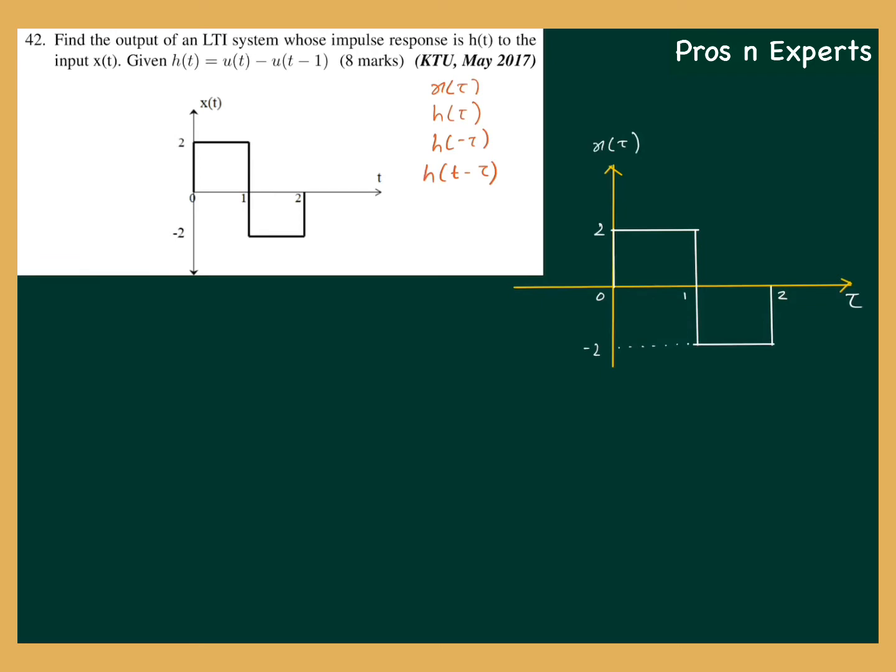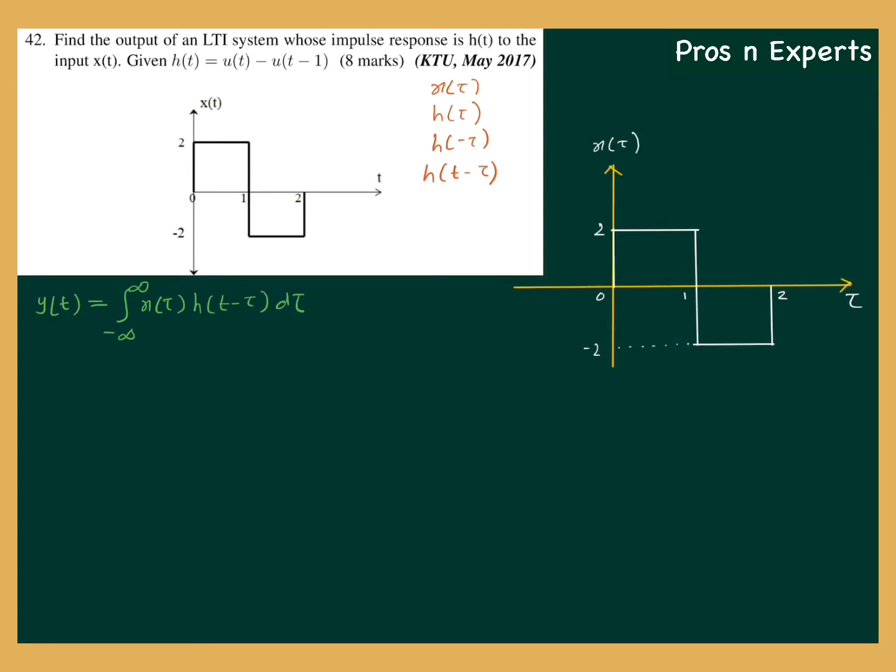Because our aim is to realize this equation: y of t is equal to the convolution integral, minus infinity to infinity x of tau into h of t minus tau d tau. So in order to realize this equation, we need x of tau and h of t minus tau. That's why I'm taking x of tau and h of t minus tau.